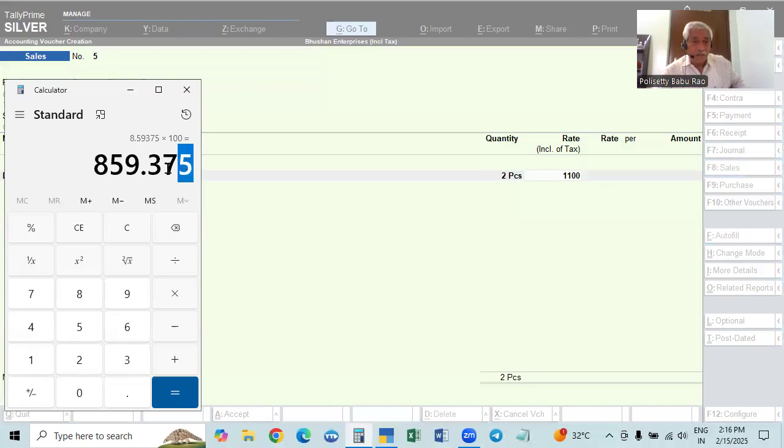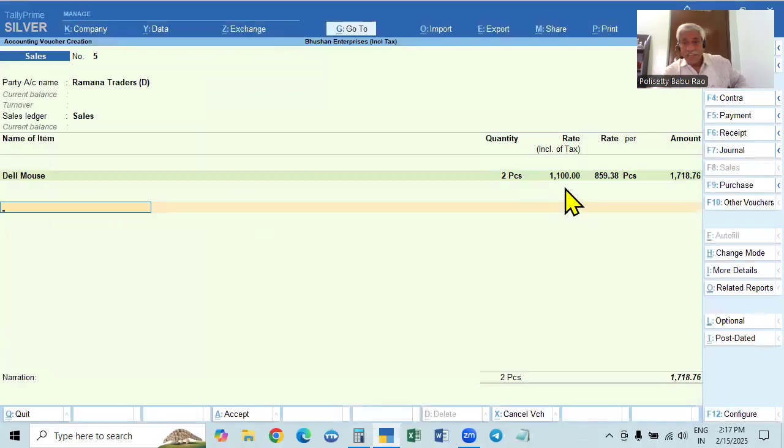The last digit will be adjusted, that is called rounded off to 1 paisa. 5 means 5 or more, next paisa. 859.37, 38 paisa is the same. 859.38 is the rate, this is the taxable rate.